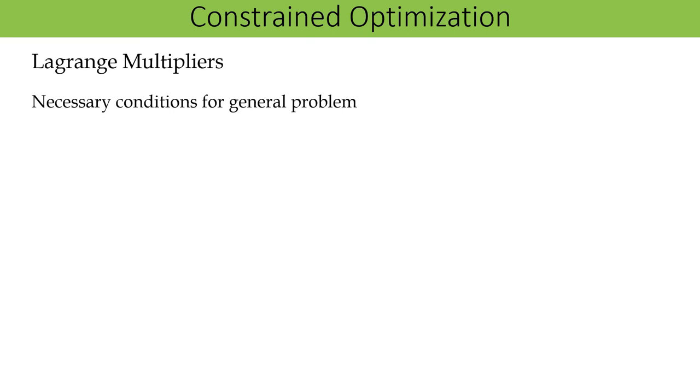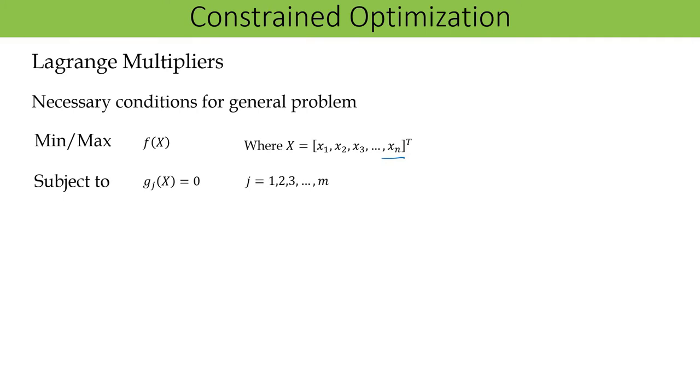Now let us see the Lagrange multiplier for a generalized function. Whatever we have discussed is only for two variables and one constraint. Now if you want to write it for multiple variables, suppose you have variables x1, x2, x3 up to n, and we have m constraints, that is z1, z2, z3, z4, z5 up to zm.